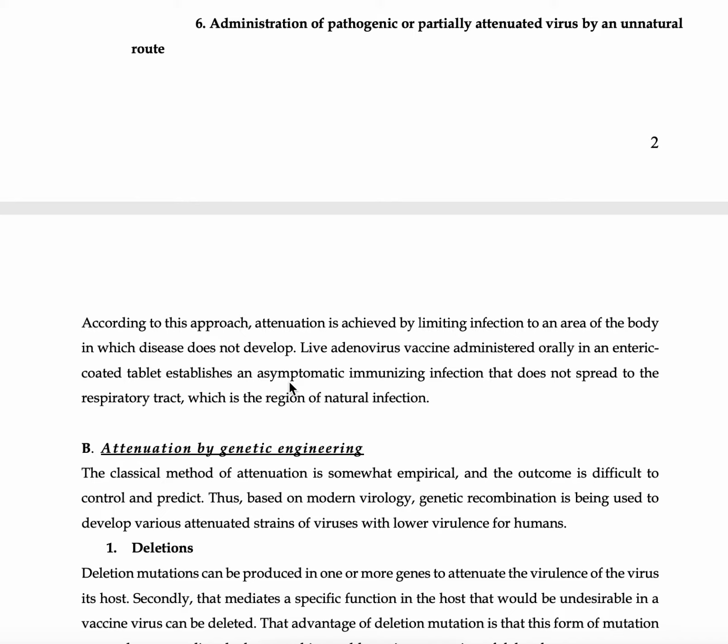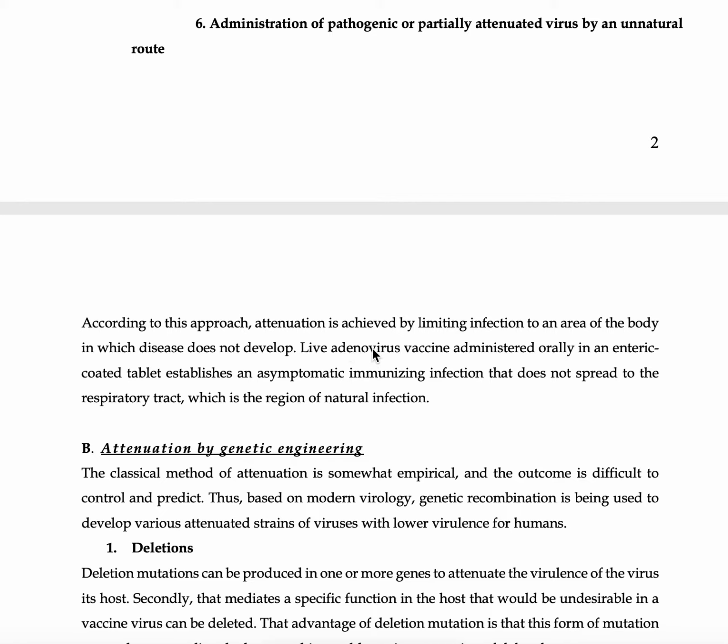In this approach, you want to vaccinate a person with adenovirus. You want to induce immunity against adenovirus in a person. So what you can do is administer enteric coated adenovirus into that person's stomach. You can do that by simply administering your vaccine orally. You have to coat your adenovirus, otherwise it will get digested in the stomach.